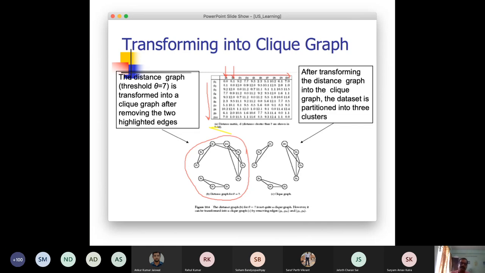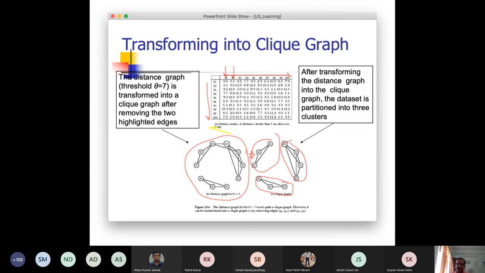So anyway, with the transformation, you can get these cliques, and your clustering result will be this: these vertices, these genes, are in one cluster, this is another cluster, and so there are 3 clusters. The advantage of this scheme is that the number of clusters is not known in advance.